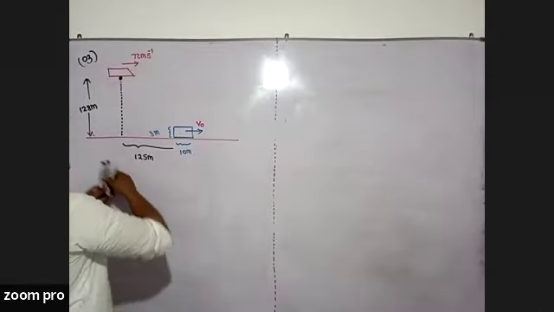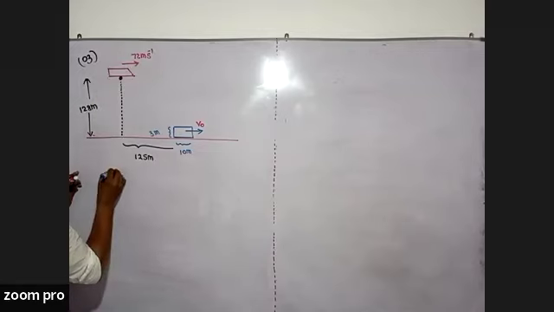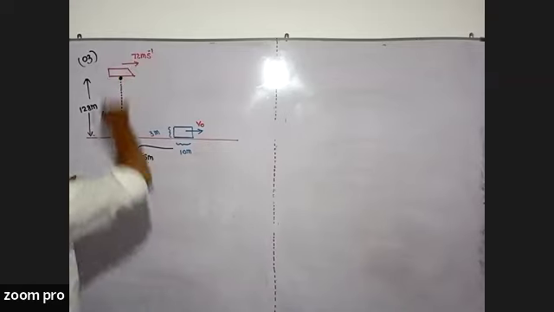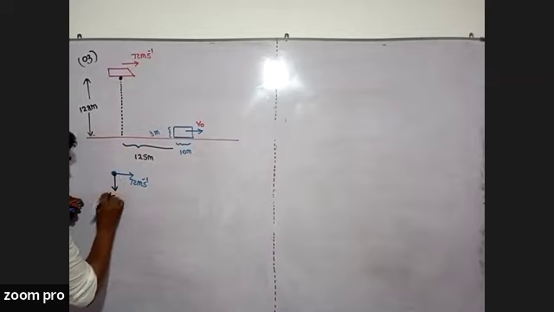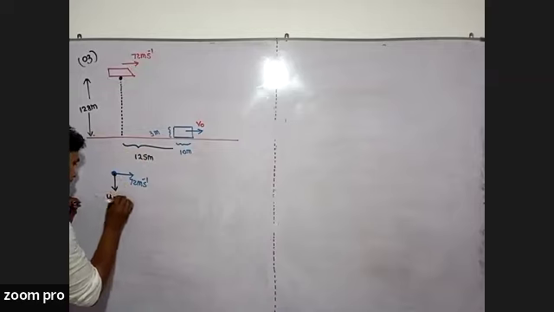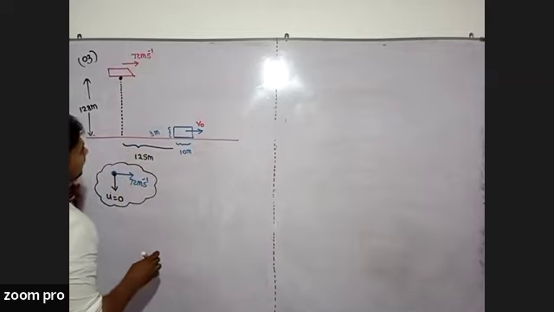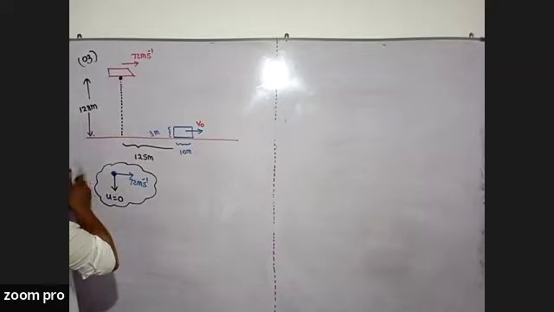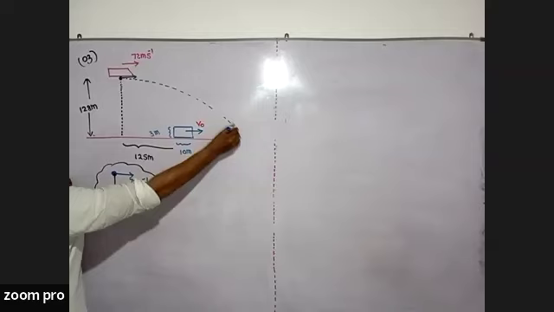Keep in mind that when the bomb is released, the bomb has an initial horizontal velocity of 72 m/s and the vertical initial velocity is equal to 0. Keep in mind those things, right? And let's assume this is the pathway of the bomb, right?